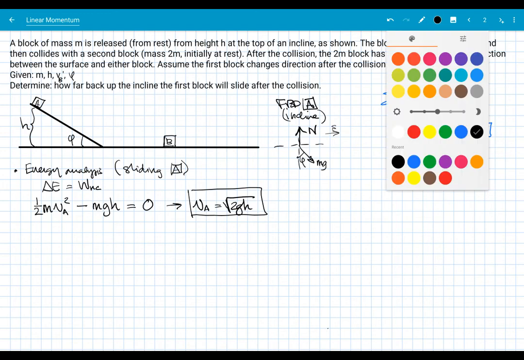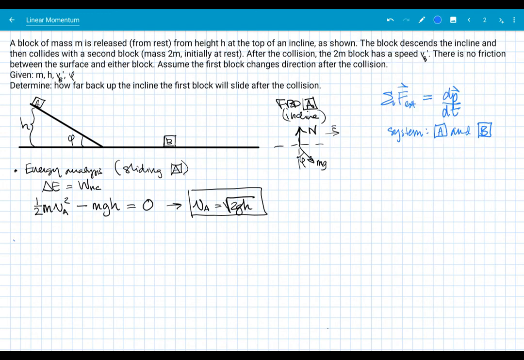I'm going to switch colors for that. Now let's do our momentum analysis. And for this, I'm going to pause and actually draw a little bit of a diagram real quick. For this momentum, it's the collision that we're interested in, right? So I want to look really quickly at the before and after for the collision.